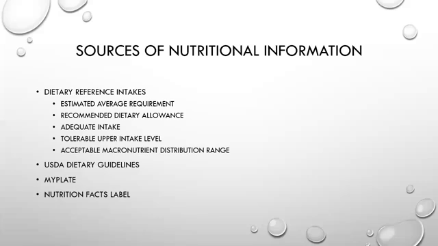Tolerable upper intake level, or UL for short. This is the maximum daily intake of a nutrient that is likely to be without adverse health effects. It means if you go over this maximum amount, you may be searching for harm. A lot of times you may see that in protein consumption with patients who have kidney disease.